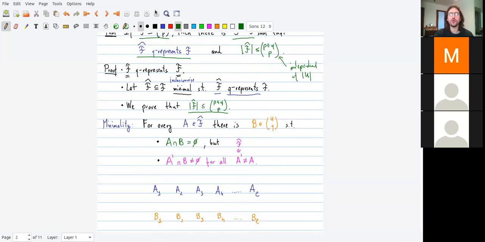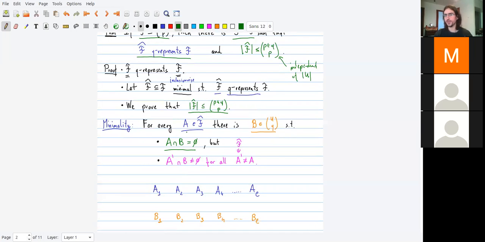Let's think about what this minimality actually means. It means that if I take anybody from my minimal family F hat, I cannot remove it while preserving representativity. So why can't I remove it? Because there is some future B, some subset B consisting of Q vertices, for which A is the only possible witness, in the sense that A and B are disjoint, so A and B fit each other.